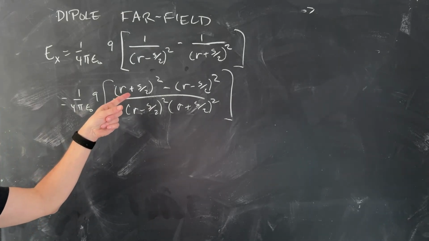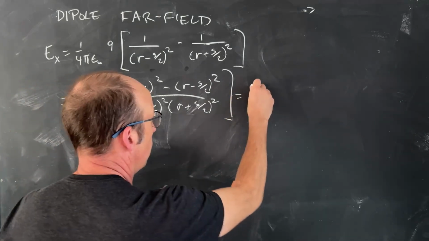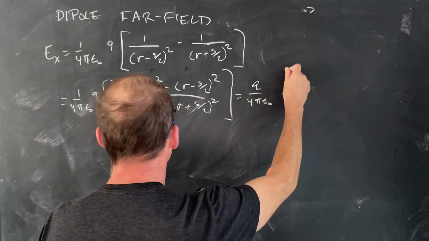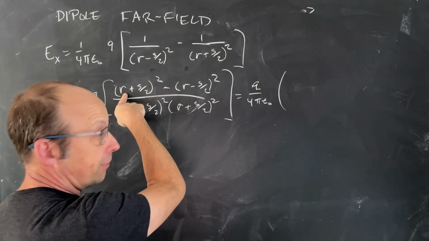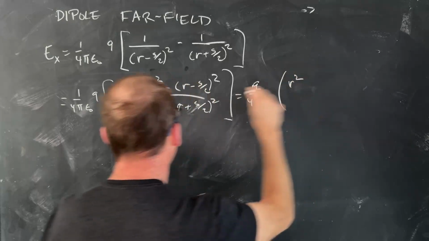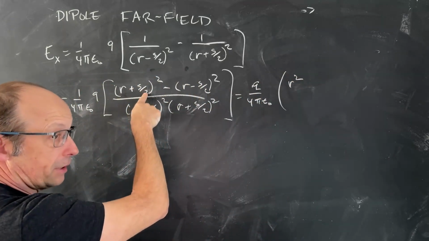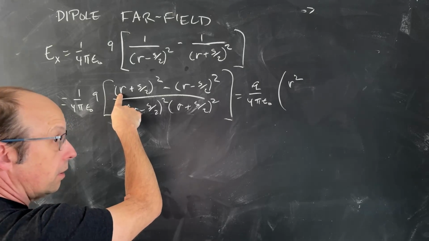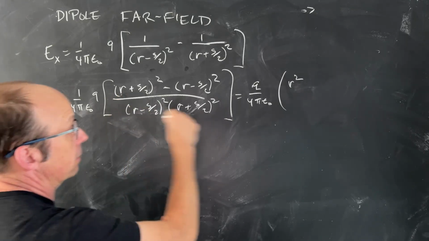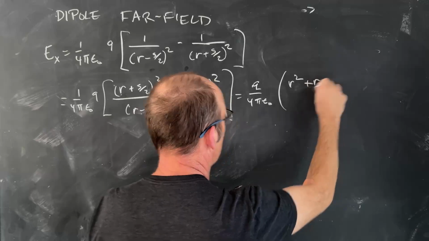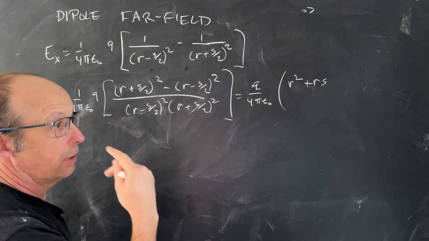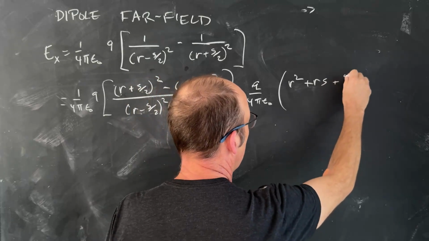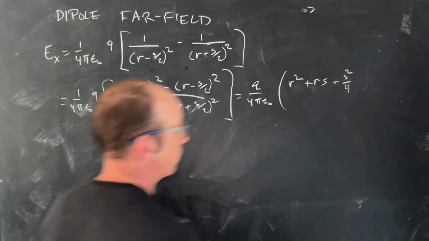Let's multiply this out. So q over 4 pi epsilon naught. If I multiply this out, I get r squared. And then I get r times s over 2 plus s over 2 times r. So that's going to be 2, that's going to be rs, right, because it's rs over 2 times 2. The 2's cancel. And then I get that squared, so plus s squared over 4.